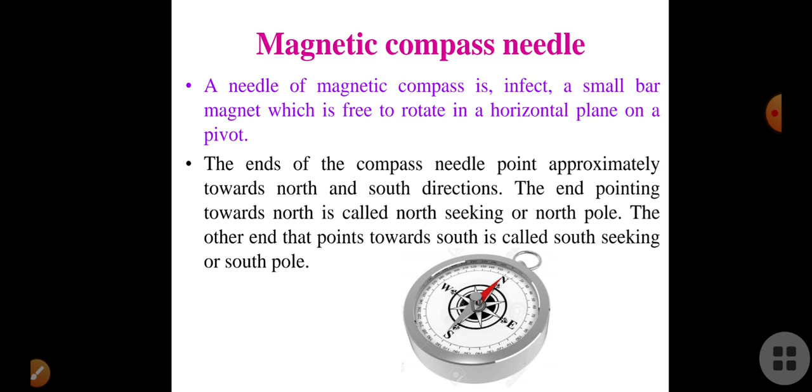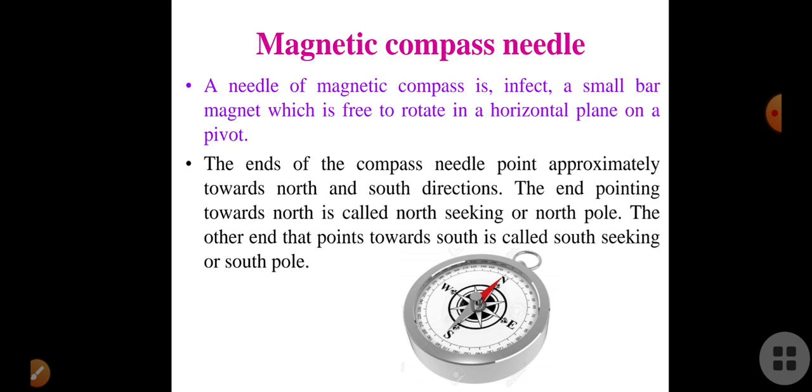For distinction, we have colored this portion red, showing that it is the north pole of this compass needle. Now, when we place this compass near a magnetic substance or a bar magnet, its north pole will adjust itself towards the south pole of the bar magnet, and so on.